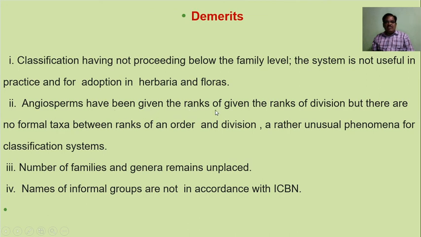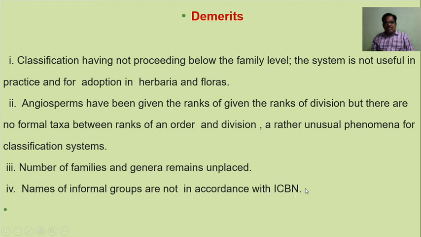Angiosperms have been given the rank of division, but there are no formal taxa between the ranks of order and division, a rather unusual phenomenon for a classification system. Then a number of families and genera remain unplaced, meaning genera and families remain as they are without any discussion, and names of informal groups are not in accordance with the ICBN.